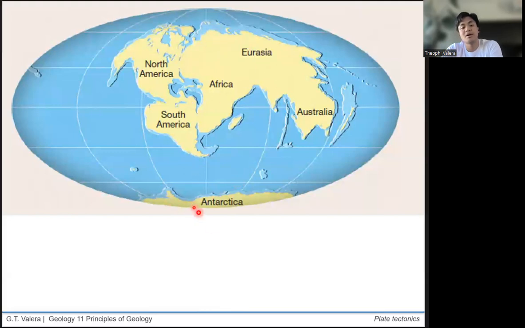Antarctica, which is relatively immobile, will be left out of the picture. And again, this is just a model showing 50 million years from now, but we don't really know if magbabago pa bigla yung plate motions nito, which is certainly possible as we've seen sa Emperor Seamount Chain vis-a-vis Hawaiian Seamount Chain.